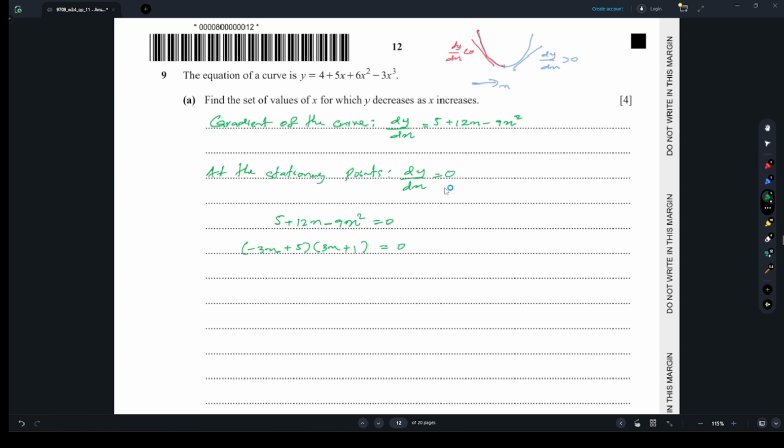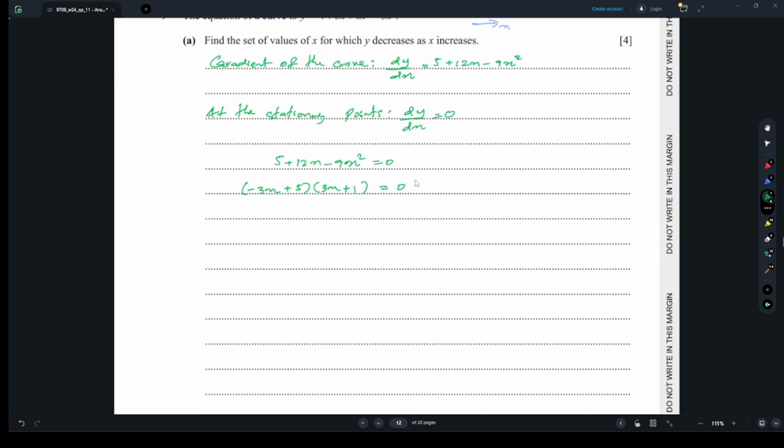No, because plus 5, and yes, this is. Okay, therefore we will have here minus 3x plus 5 equal to 0, or 3x plus 1 equals to 0. So that means x equals 5 over 3, or x equals minus 1 over 3.